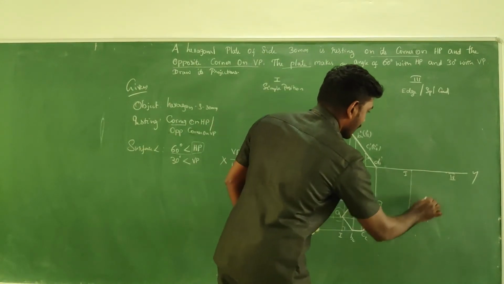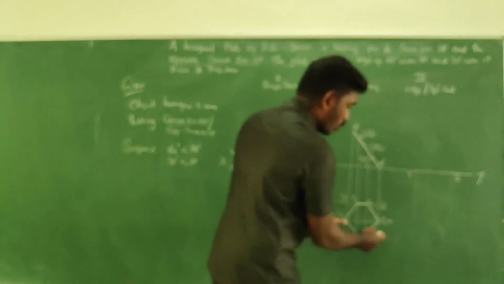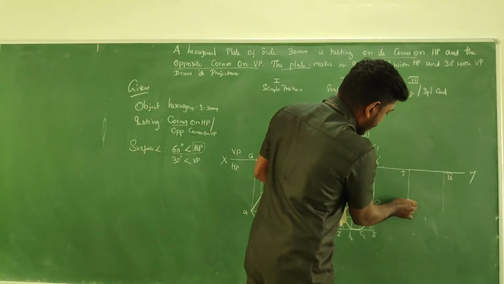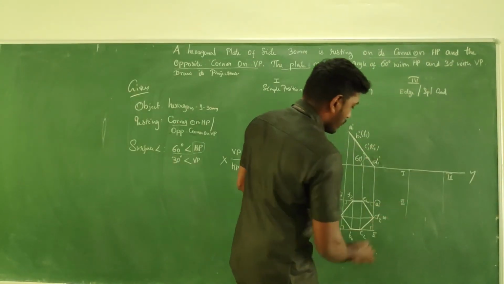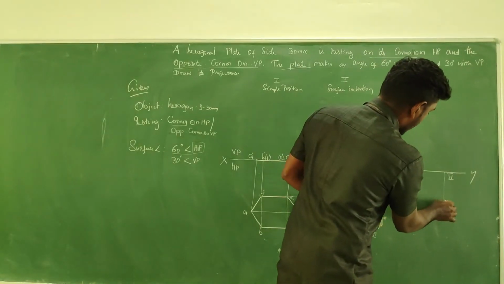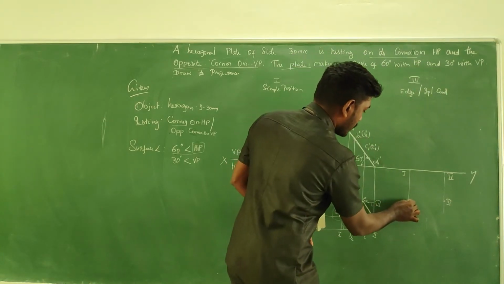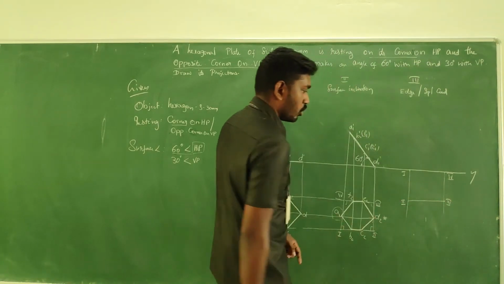So take the 90 degree line like this. Now measure 1 to 2 and in the respective line convey it. So this becomes 2. Measure 4 to 3 in the respective line, convey it. So this becomes 3. Now take a line joining 2 and 3. You will get a boundary.